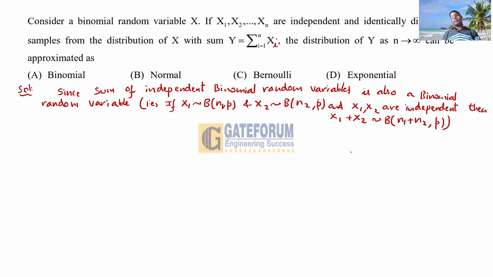This is the formula based on mathematical approach. This is a conceptual verbal approach.